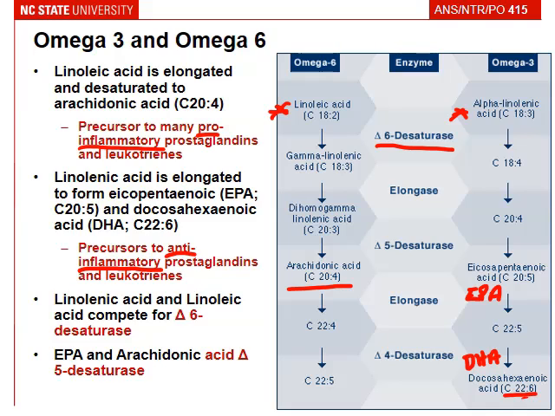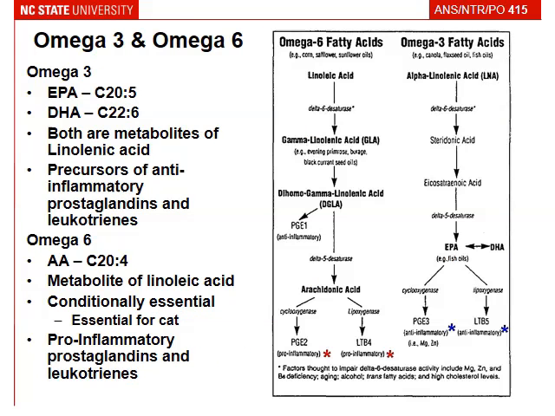In addition, our linoleic acid, our omega-6, has a greater affinity for the delta-6 desaturase. Then our arachidonic acid and our EPA compete for the delta-5 desaturase. One of the reasons we have a reduction in conversion from EPA to DHA is because of this competition with the delta-5 desaturase.